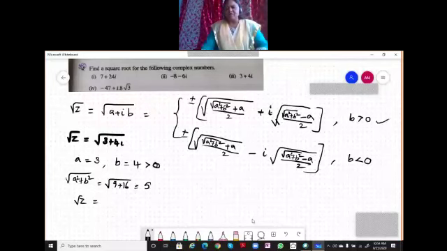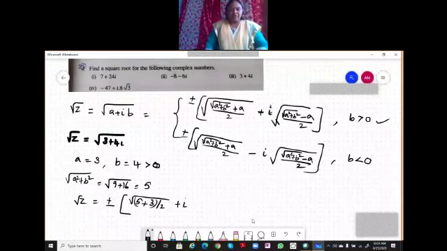So root z is equal to plus or minus square root of (5 plus 3) by 2, and here we take plus i since b is greater than 0.